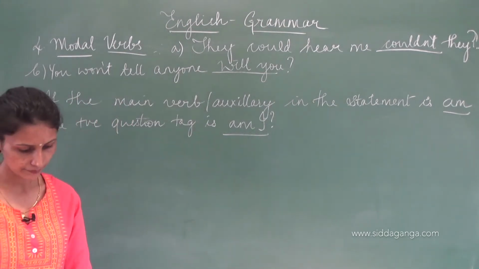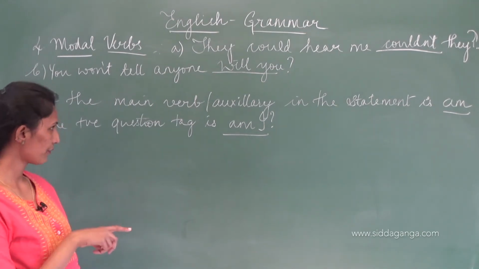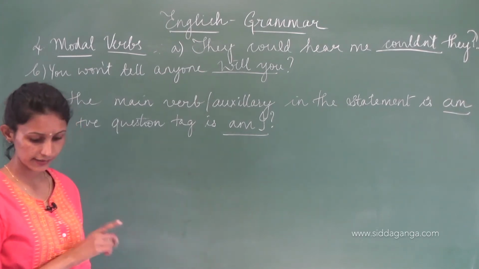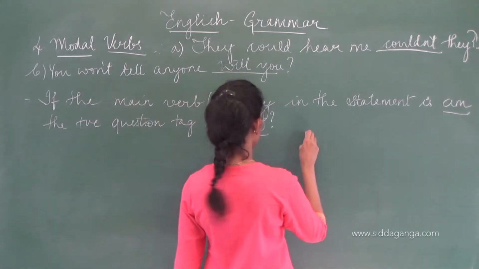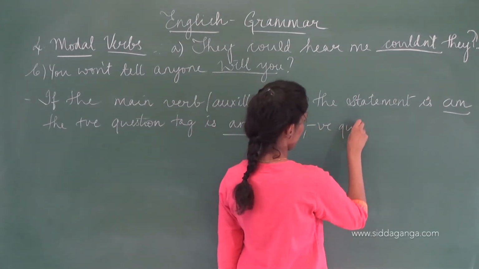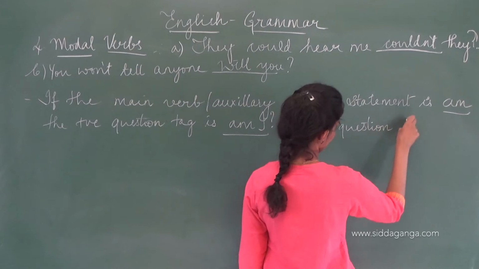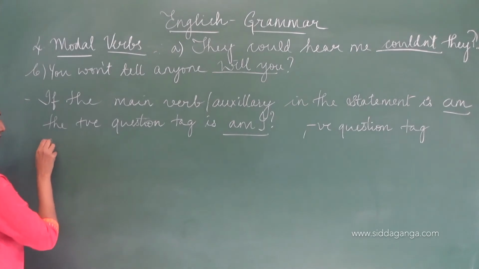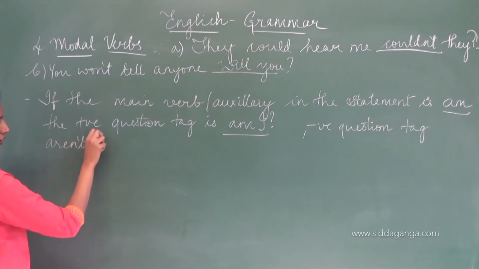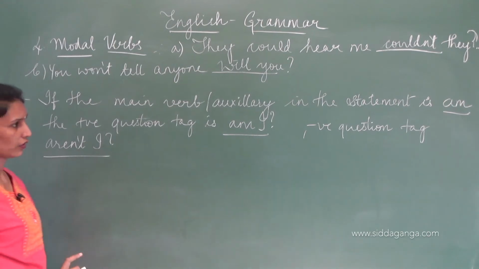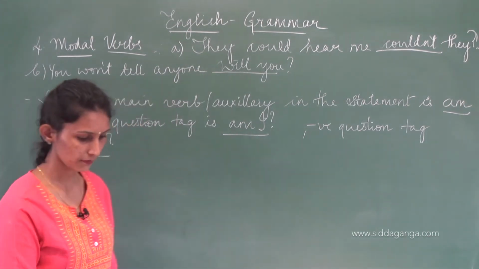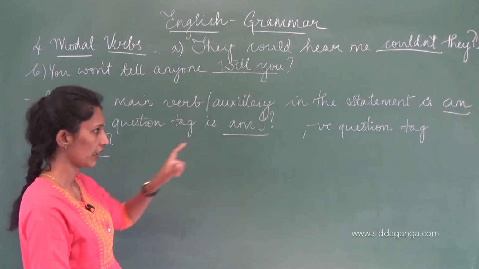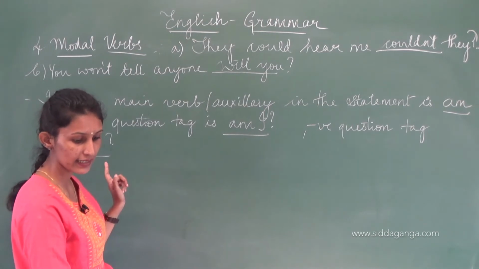Now, but if the question tag is negative, then we use aren't I, are not, aren't I. Okay, now understand this like this. Positive question tag, if there is a positive question tag, you ask am I. If there is a negative question tag, you ask aren't I.